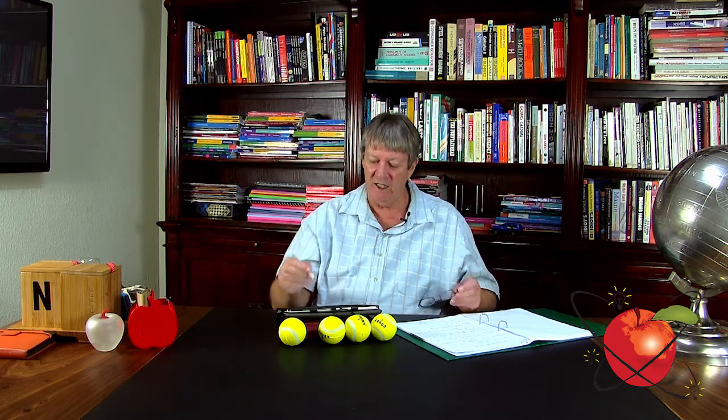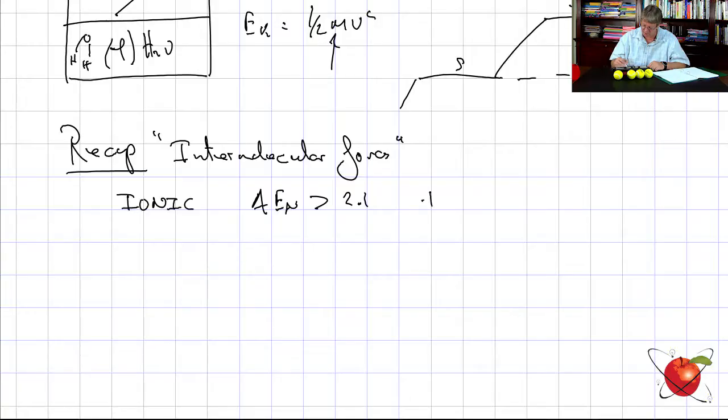specific textbooks. Now, what we're saying is if the difference in electronegativity is greater than 2.1, it is an ionic bond. Remembering that an ionic bond has a positive ion and a negative ion, because an electron has gone across to there making it negative.